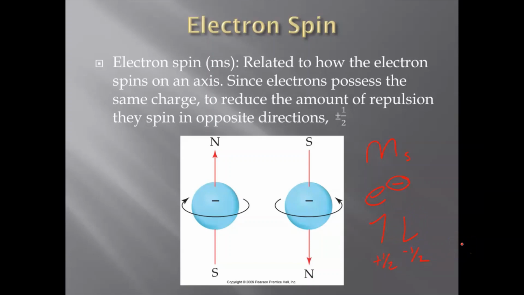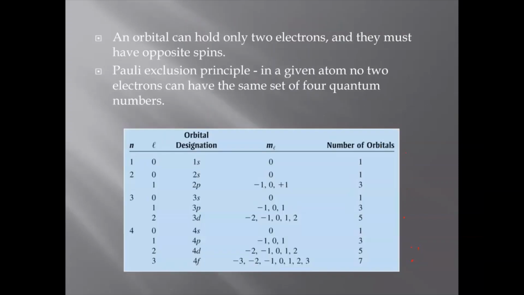If you've ever done electron configurations in high school, you probably saw the electron configurations, 1s2, 2s2, 2p6, etc. And this all ties right back into that and why that takes place. So that's the fourth quantum number.